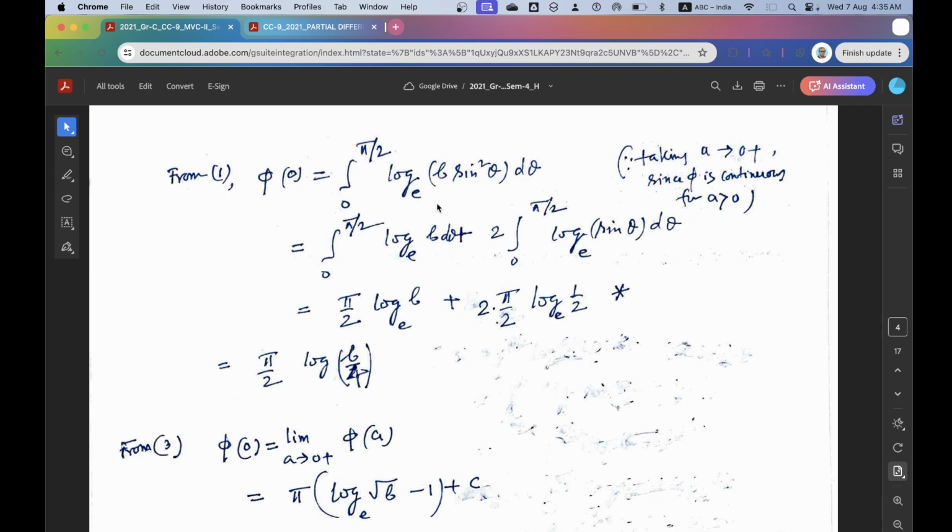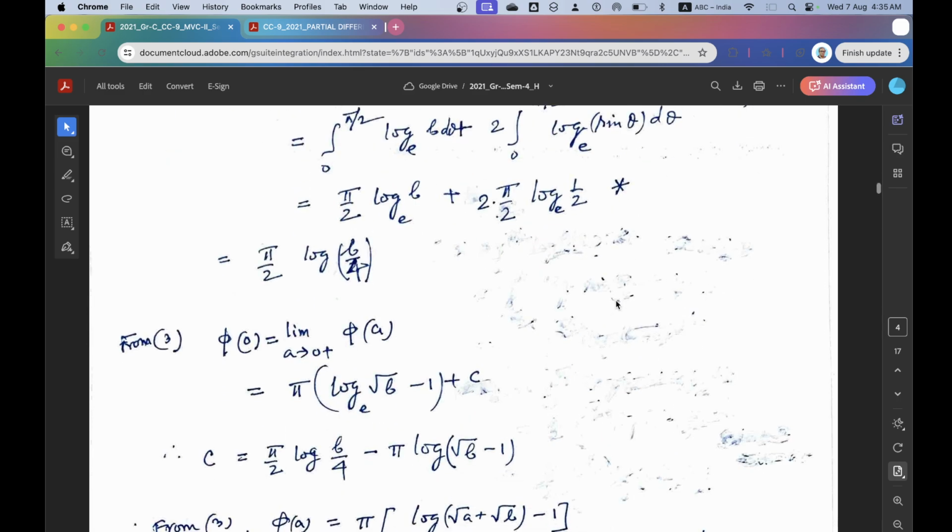So log b plus 2 into log of sin theta d theta. This log b is constant, so integrating d theta from limits 0 to pi by 2, we get pi by 2 into log of b to the base e plus 2 into integration 0 to pi by 2 log of sin theta d theta, equal to pi by 2 log of half to the base e.